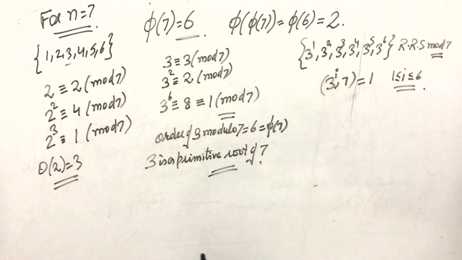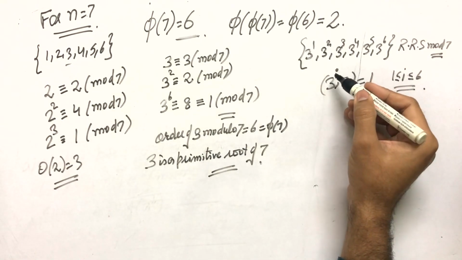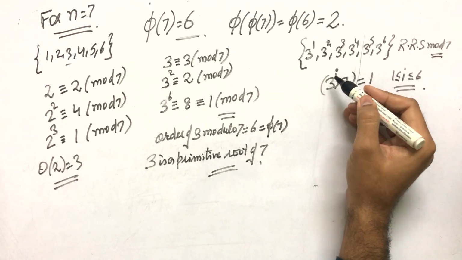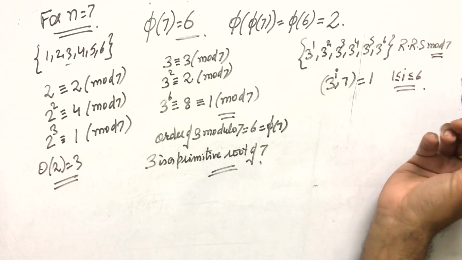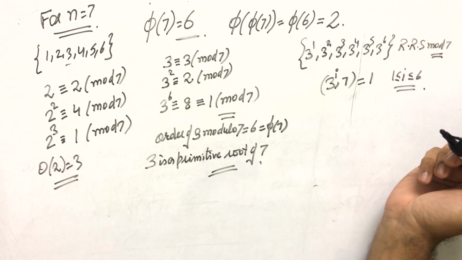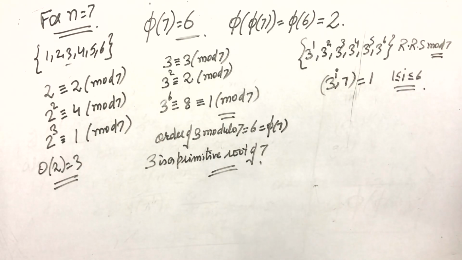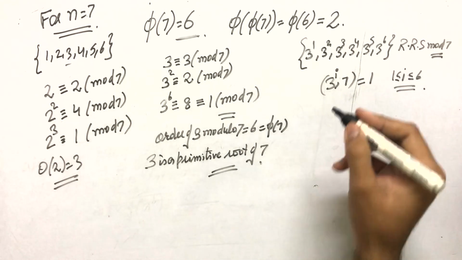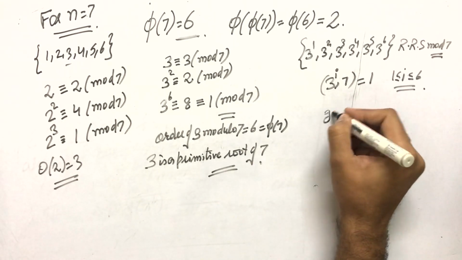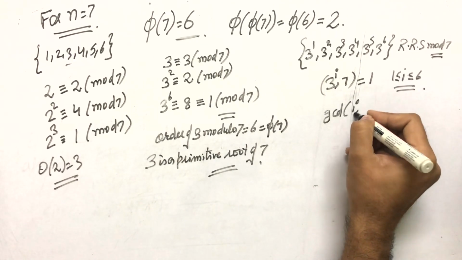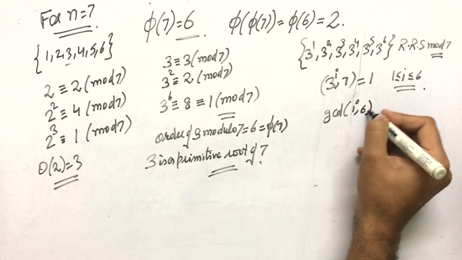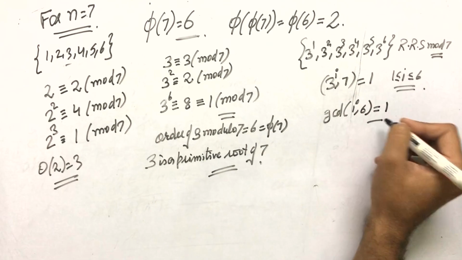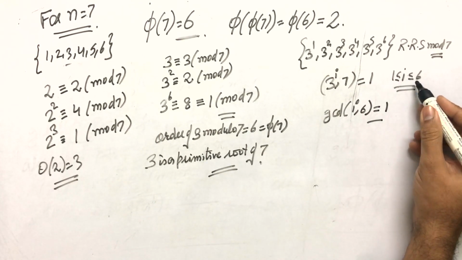Now, as discussed earlier in the definition, which power of 3 has order same as that of 3? That is when GCD of i and 6 is 1, for i from 1 to 6.